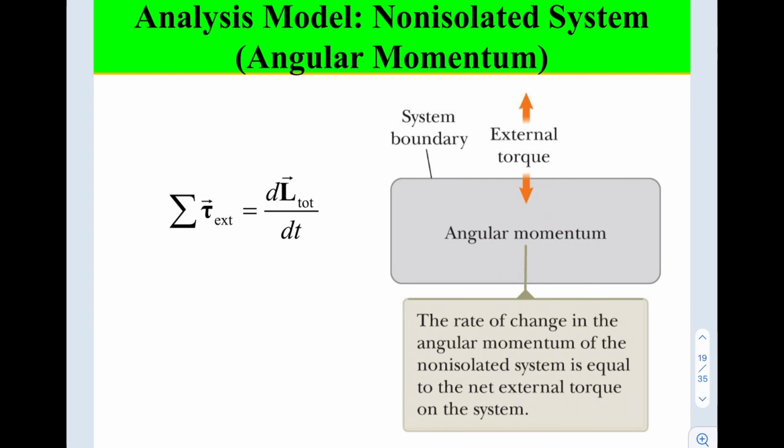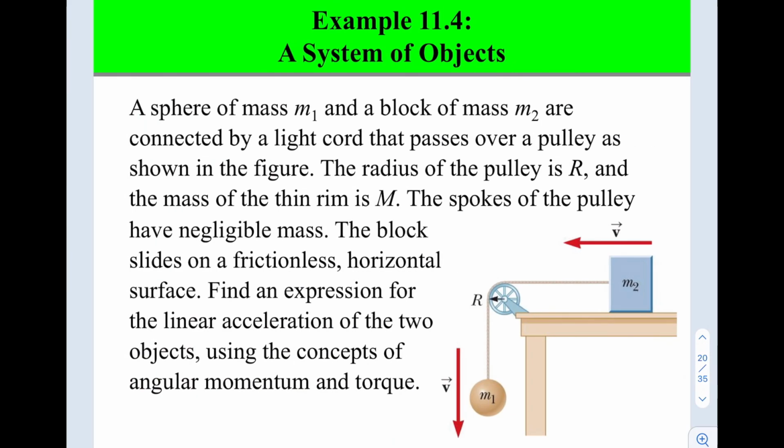The external torque could act into the system or out of the system. The rate of change in the angular momentum of the non-isolated system is equal to the net external torque on the system. That is the meaning of this equation.